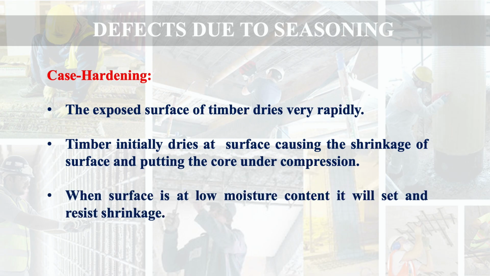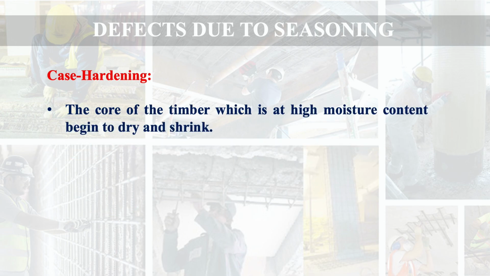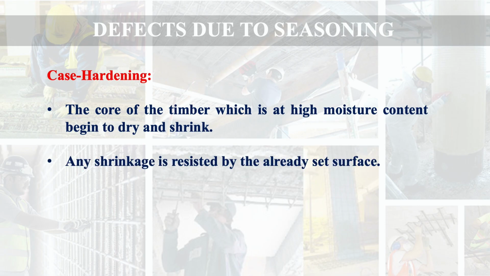When this surface is at a low moisture content, it will set and resist shrinkage. The core of the wood is still at a higher moisture content. This core will then begin to dry and shrink. However, any shrinkage is resisted by the already set surface.